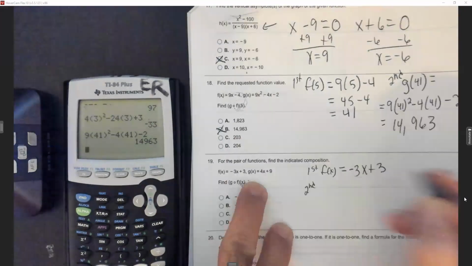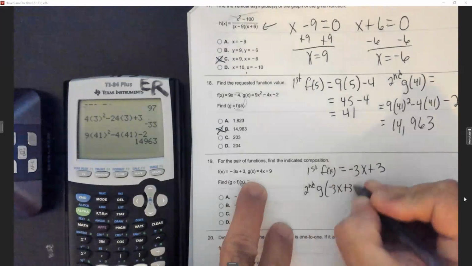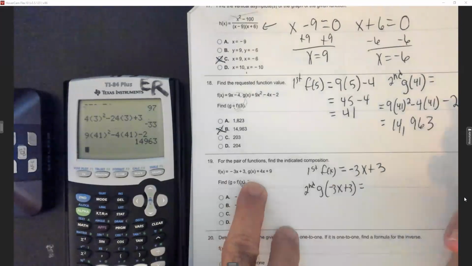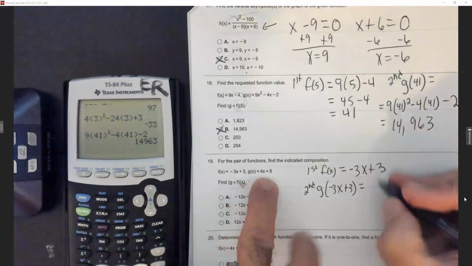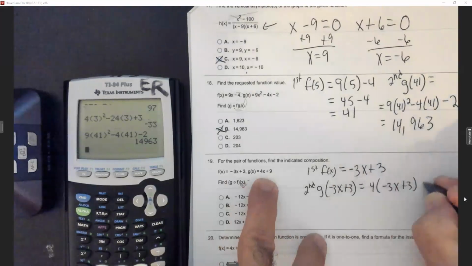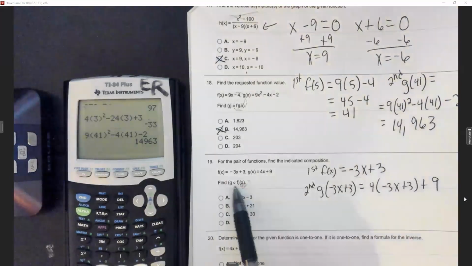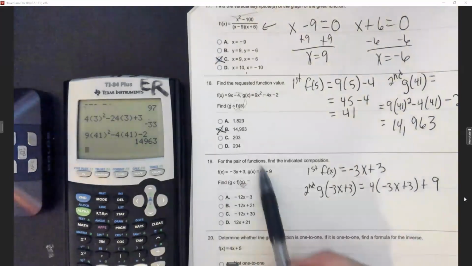So you're finding g of negative 3x plus 3, which means you got 4 times negative 3x plus 3 plus 9. So when you got g of f, you take the f equation and put it into the g's x.